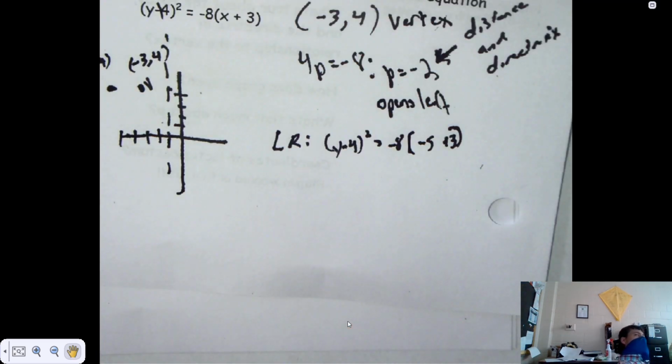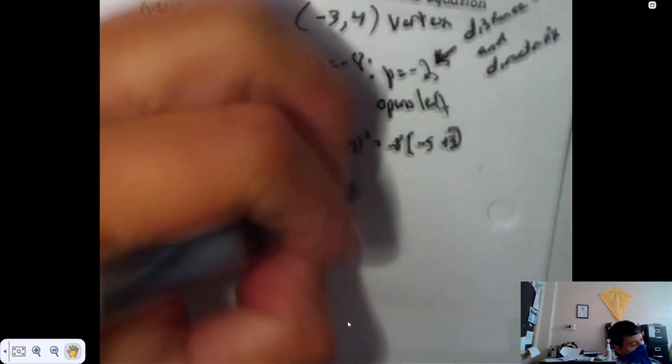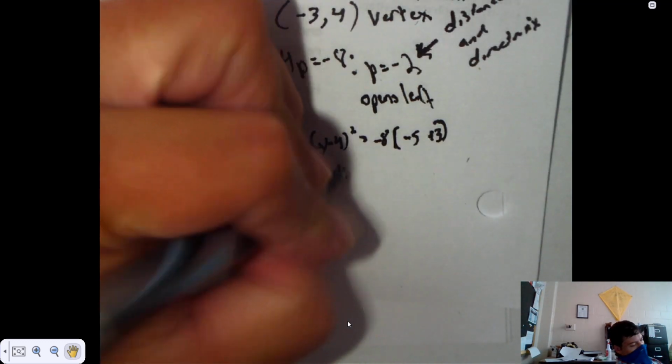It's really hard to read. I haven't woke up yet, but that's y minus 4 squared equals negative 8 times negative 5 plus 3. What on earth is a negative 8 times a negative 5 plus 3? 16. Now you're in algebra 2.